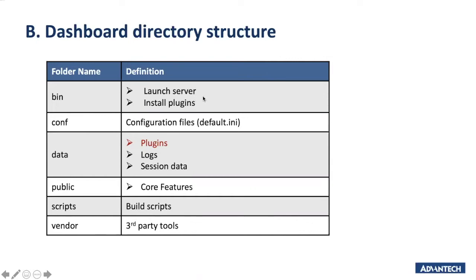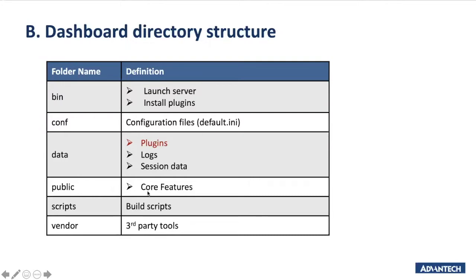Like you can run the Grafana server, and also you can use the Grafana CLI binary to install plugins. And in the conf folder, you have the configuration files, such as default.ini. And in data folder, you have the plugins folder, logs folder, and session folder.